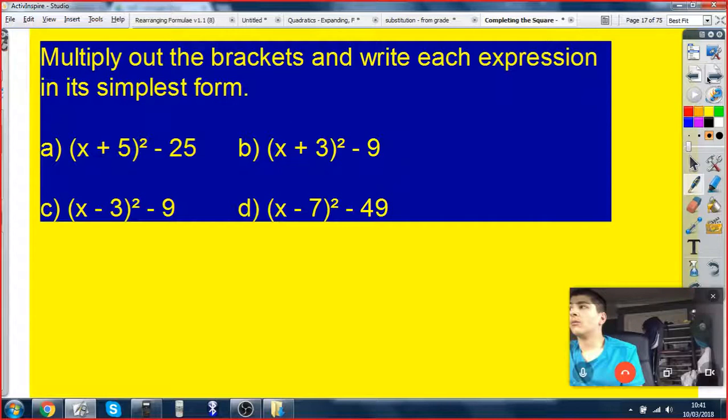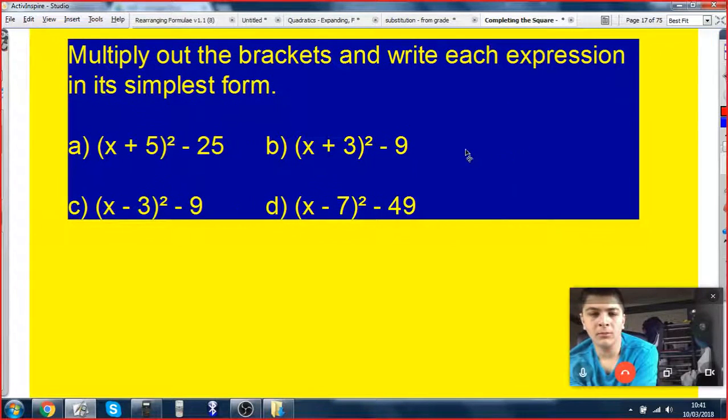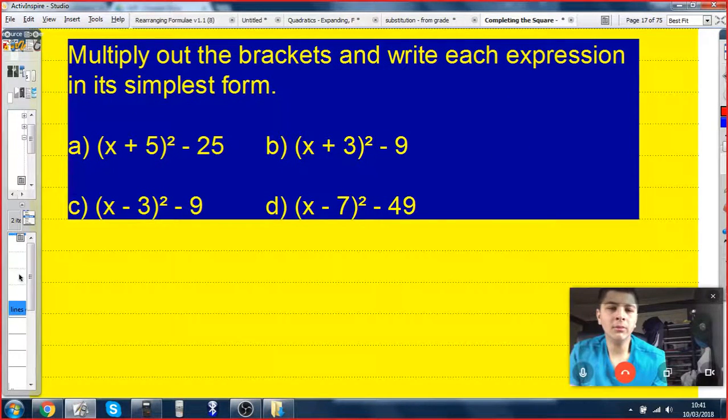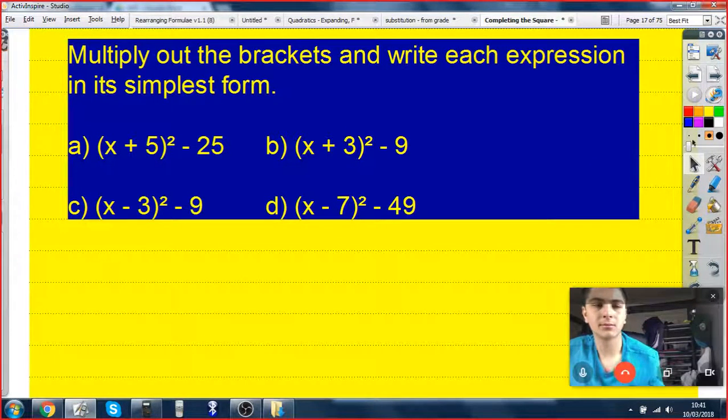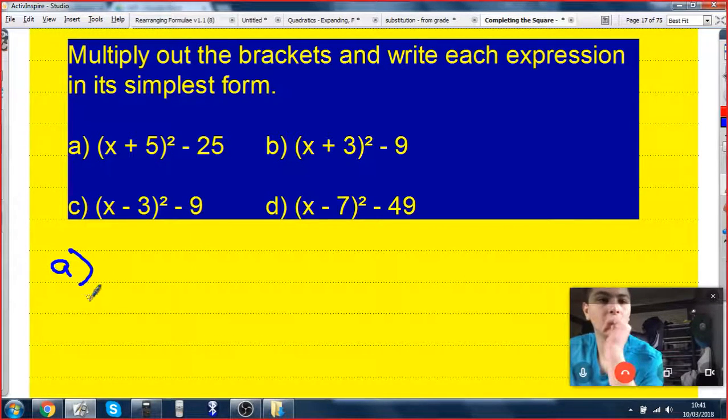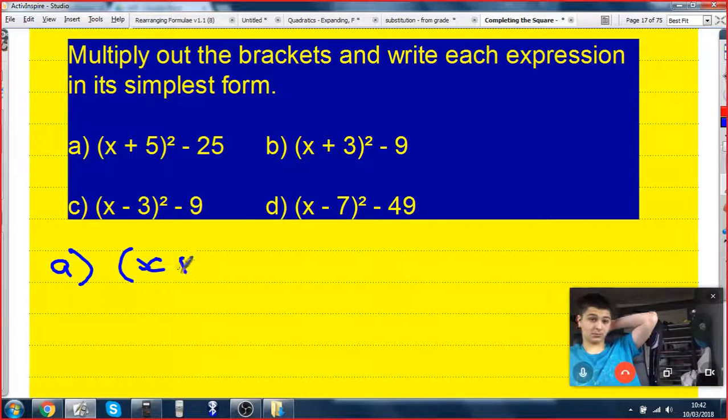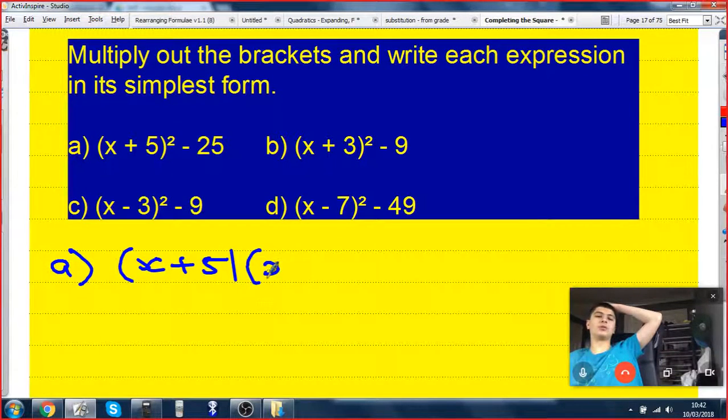Okay. What do you get when you do these ones? Let's try the first one. So x plus 5 and x plus 5. And then minus 25 after.